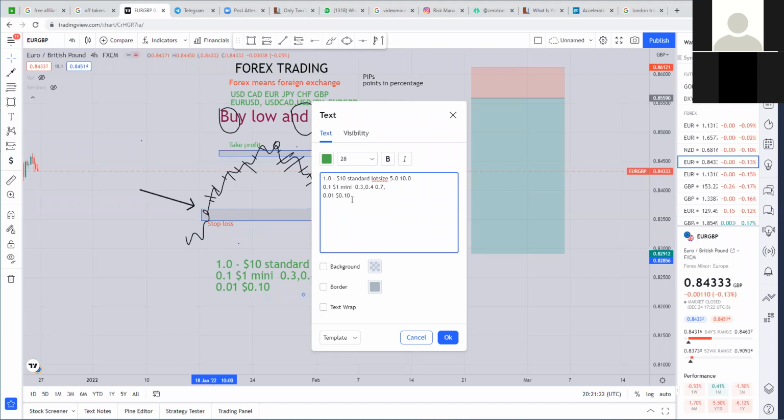So for me, one of the things I do for proper risk management, because when I started trading, this is what I did. I don't do it anymore, but I can advise a beginner to do it: divide your capital by 5,000. This will help you know how much to use. So let's say $100 divided by 5,000.